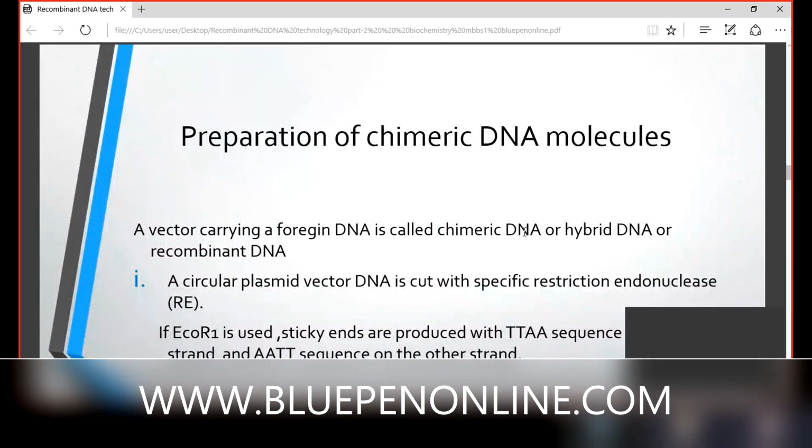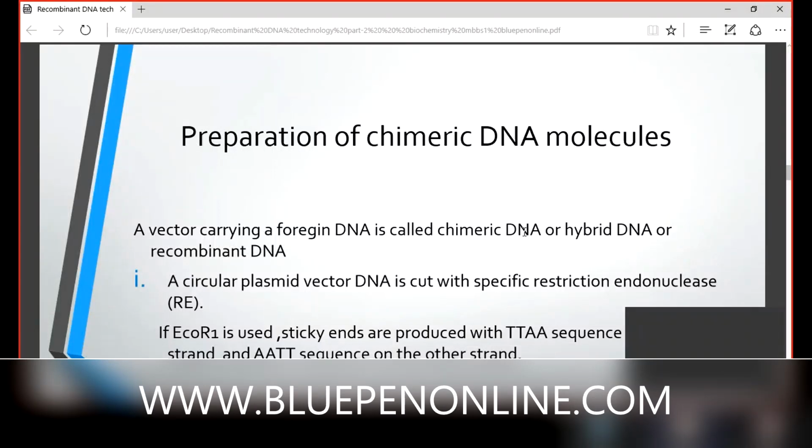Yes, ma'am. First we start with mRNA. For example, insulin mRNA, the insulin protein will be abundant in the beta cells of the pancreas.